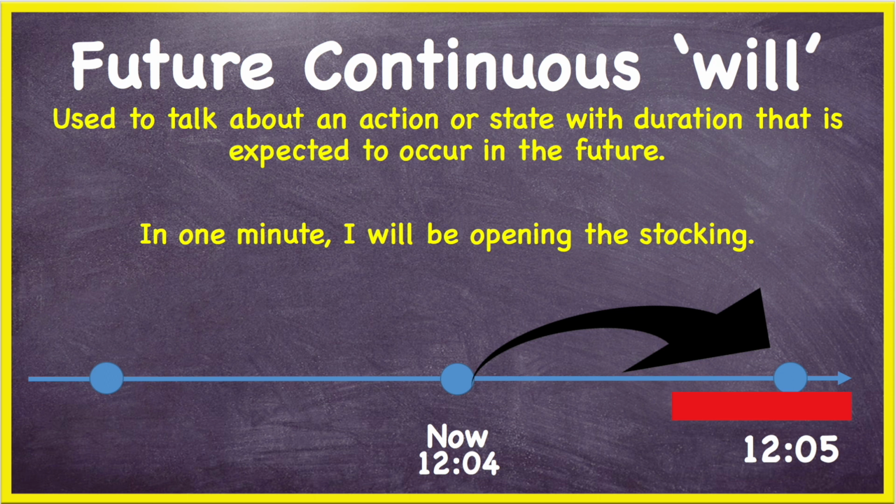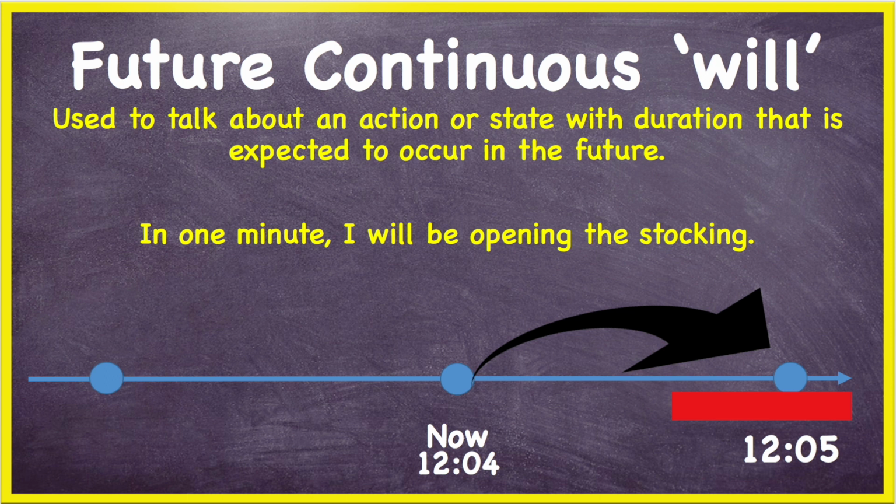So the sentence is, in 1 minute, I will be opening the stocking. So I don't open the stocking in just 1 second. I take a little bit of time to open the stocking, and that is what I will be doing at 12:05. You can see the red line there. That's the time that it will take me to open the stocking, right?